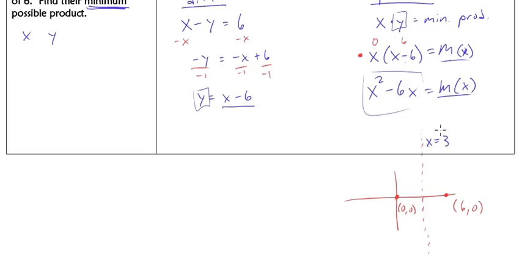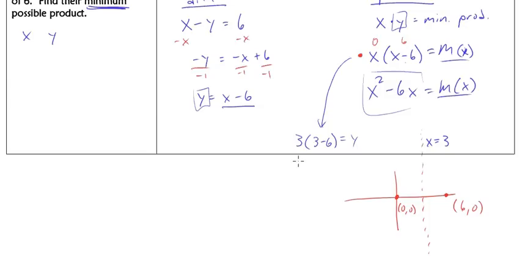Now to find out where the actual vertex is, I would plug it back in. So 3 times, I'm using again the factored form right now, 3 times 3 minus 6 equals where my vertex would be, so y equals m of x.